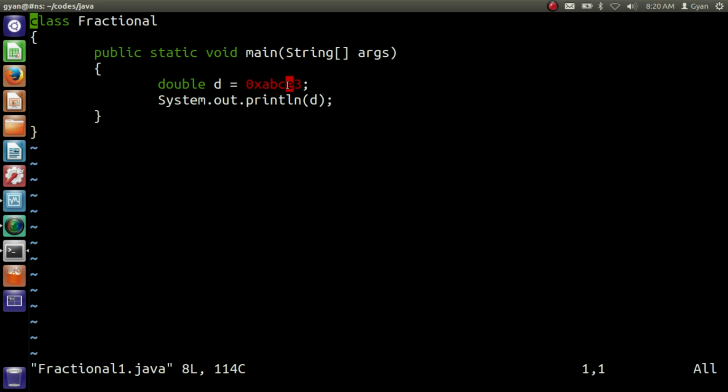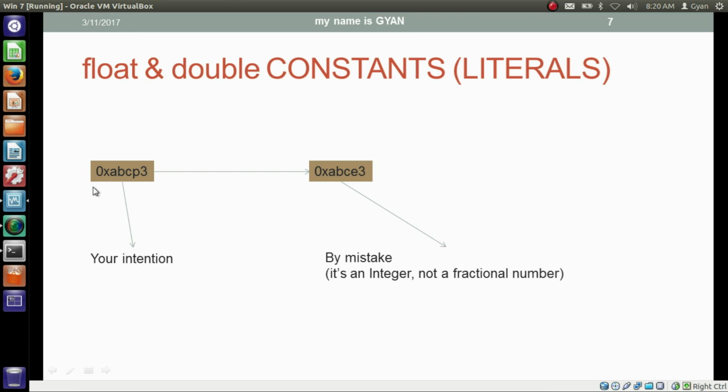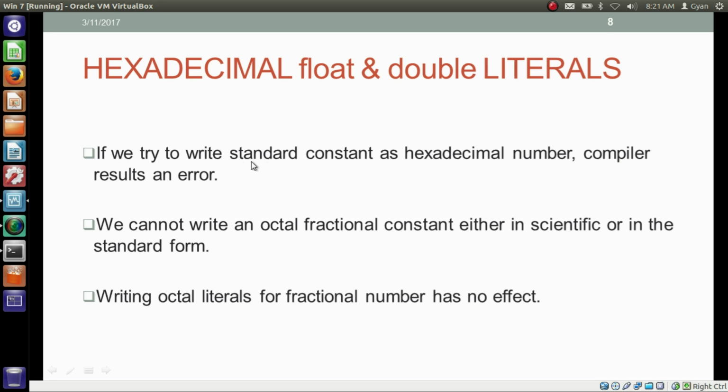You cannot write E. Otherwise the literal may change to an integer. So writing 0xabcp3 was your intention, but by mistake you have written 0xabce3, and that is an integer, not a fractional number.